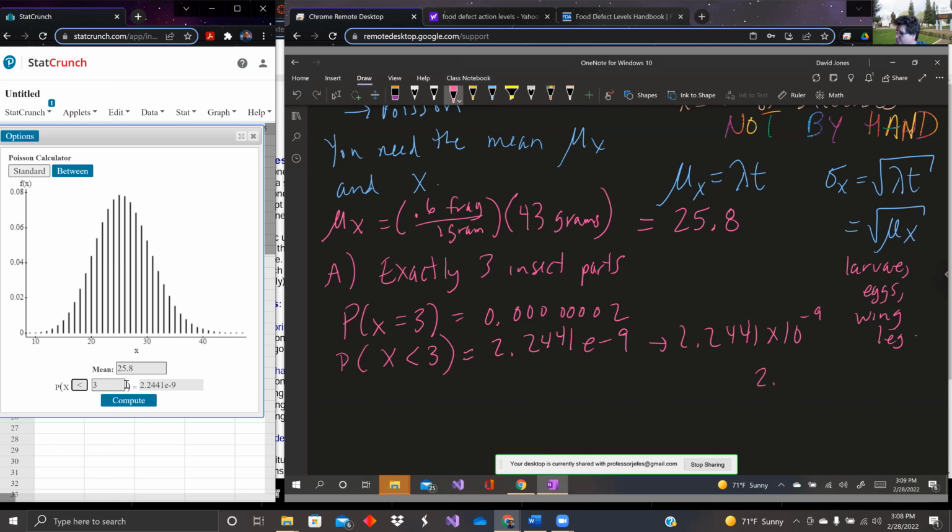The negative 9 is saying move this value left 9 places for the decimal point. It's negative. So I go 1, 2, 3, 4, 5, 6, 7, 8, 9. And all of these have zeros since there was nothing there. So it's even lower than X equals 3.